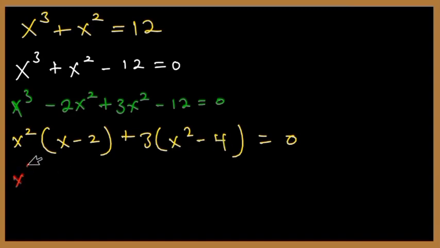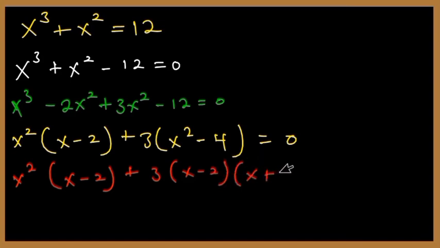So I'll have my x to the power 2 times x minus 2 plus my 3 times x minus 2 multiplying my x plus 2 here equals 0. Now we have a common term here, x minus 2, so we can factor it out. Doing so, I'll have my x minus 2 out here.